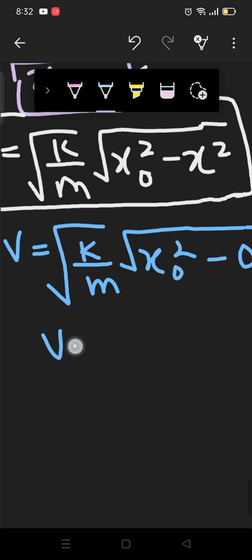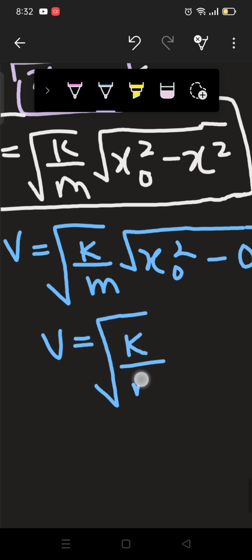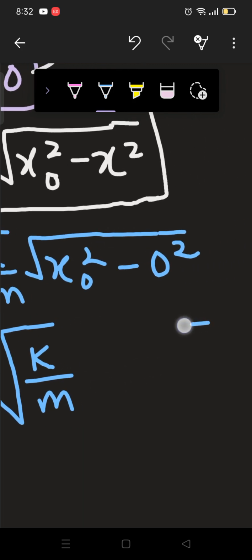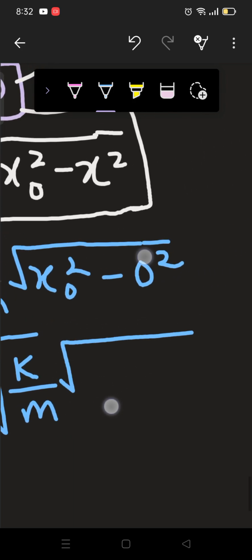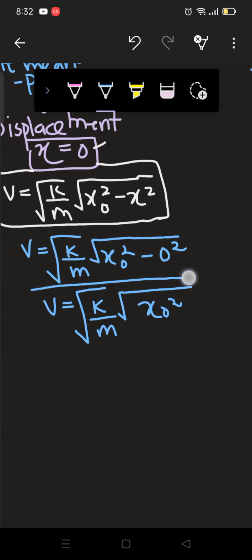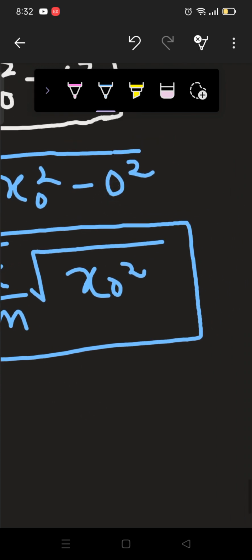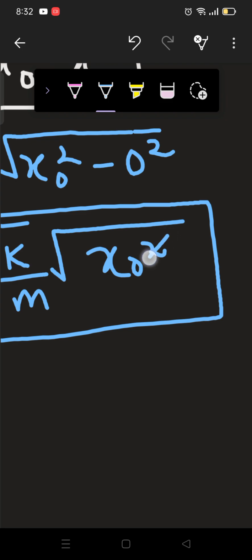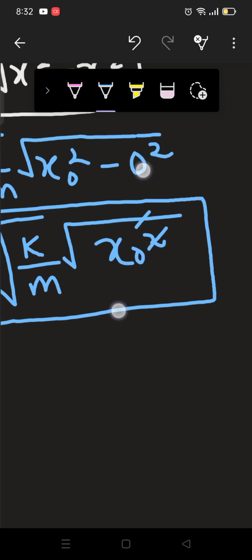So the final formula for finding the maximum velocity, which you are going to have at your mean position since your displacement is 0 there, is v is equal to under root k over m into under root x naught square. See, this square cancels with this under root, right?